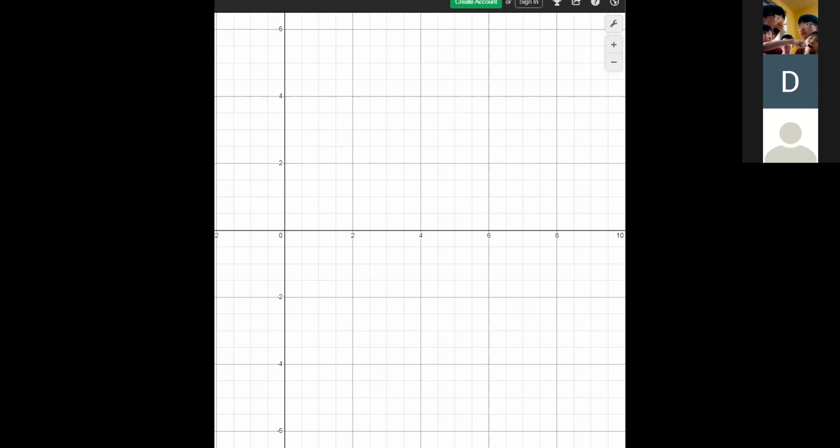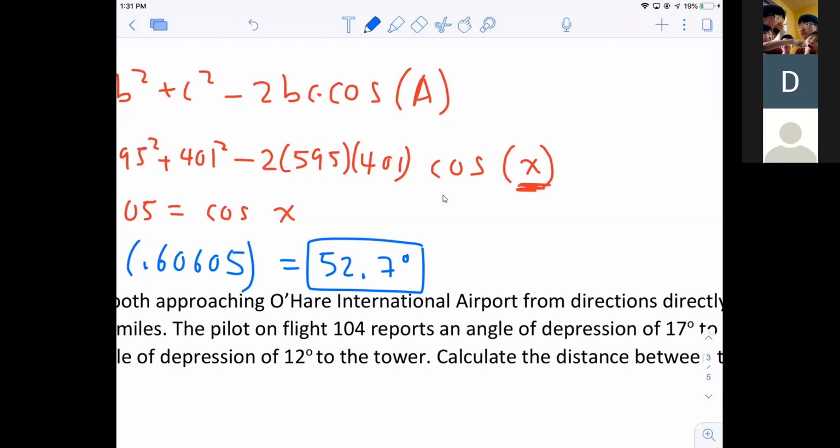Also, I need to be in degree mode, and that is about 52 point, what did it tell us to round to? To the nearest tenth of a degree, so that's around 52.7 degrees.